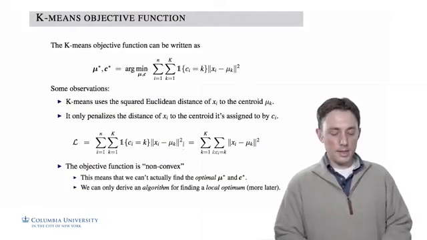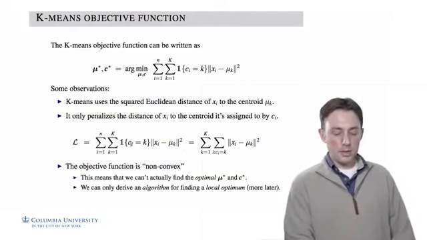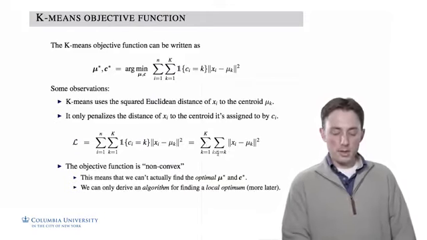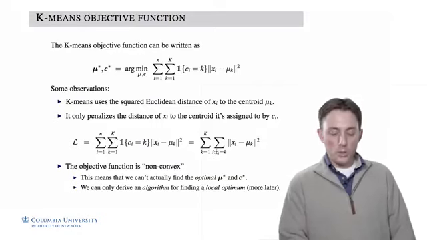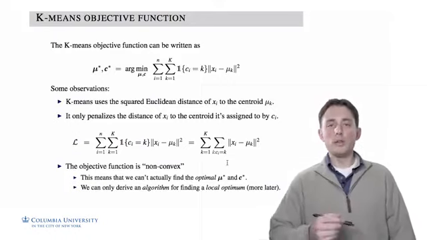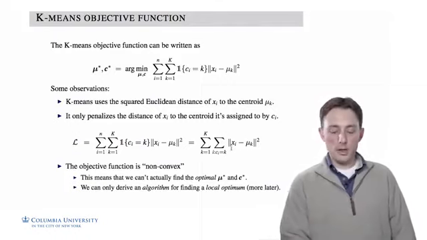So another way to see this is by taking this objective function that we want to minimize over each c_i and over each mu_k, and writing it this way. For a particular assignment vector c_i, we sum for each value k the total sum of squared distances of all of the data assigned to the kth cluster.